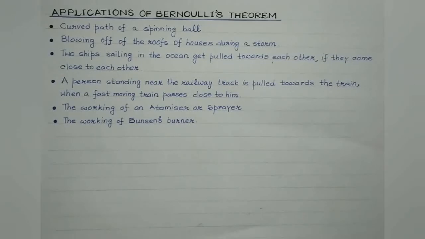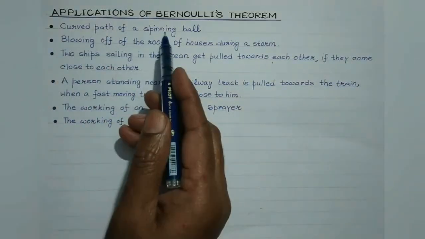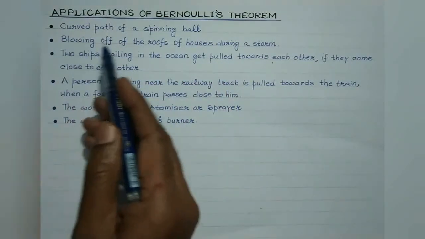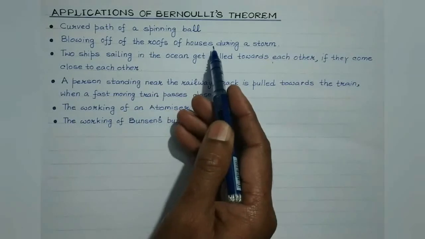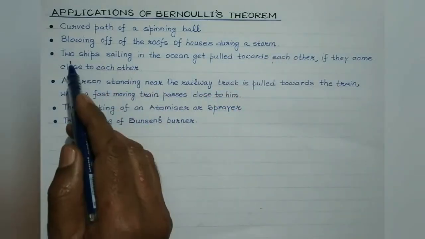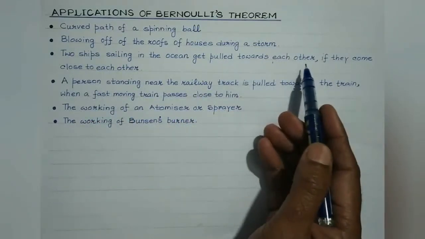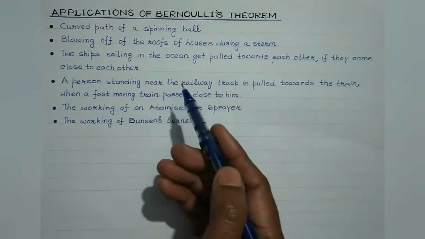So, in this short clipping, we have discussed various applications of Bernoulli's theorem. We have discussed the curved path of a spinning ball, blowing off of the roofs of houses during a thunderstorm or cyclone. Then, two ships sailing in the ocean or sea get pulled towards each other if they come close to each other.